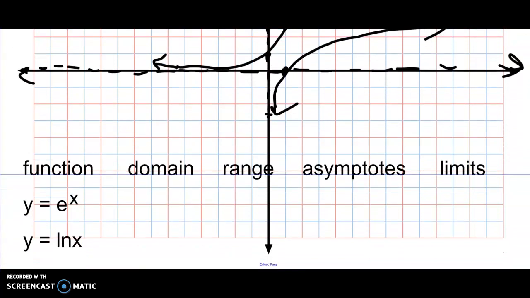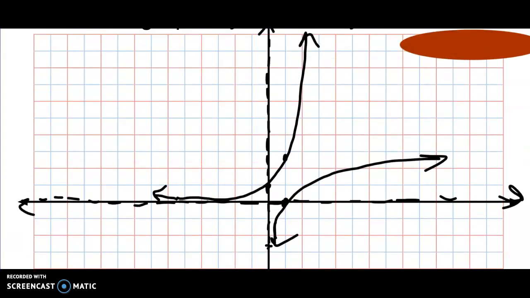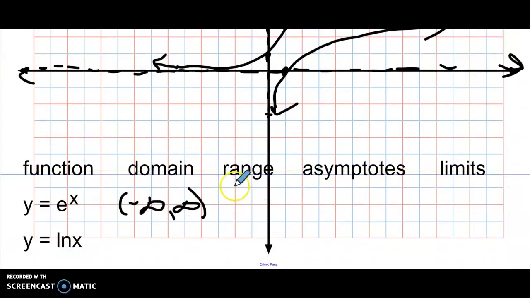Analyzing it then, y equals e to the x. The domain is all reals. The range, however, look at that. What kind of y values are coming out of e to the x? All positive, 0 to infinity. The horizontal asymptote was y equals 0.